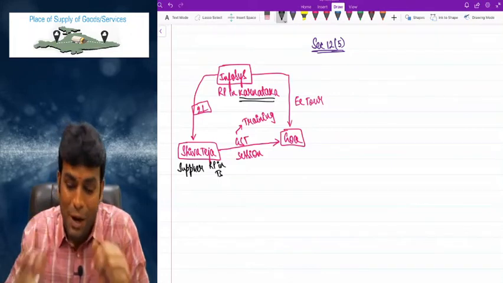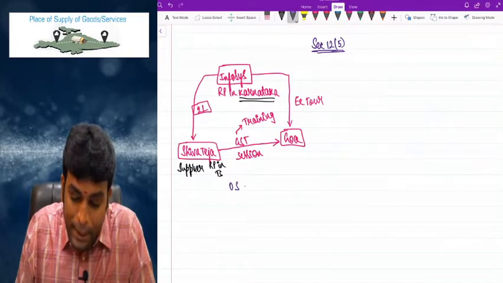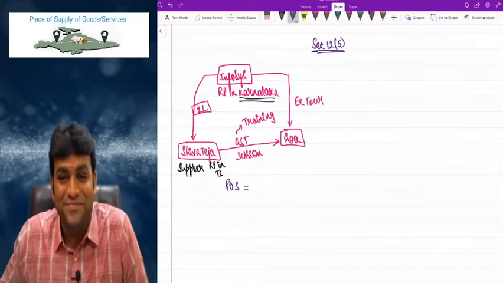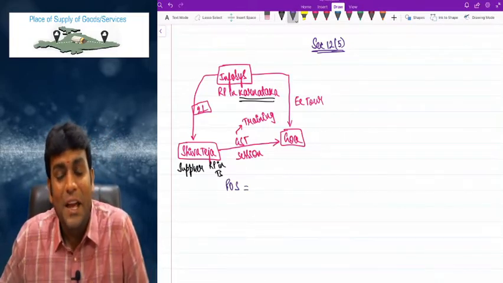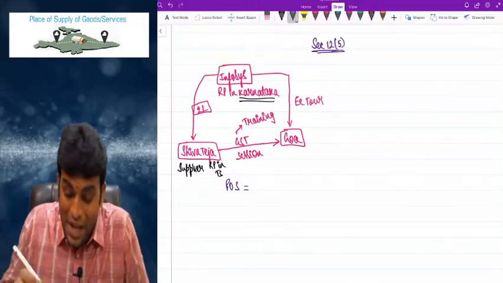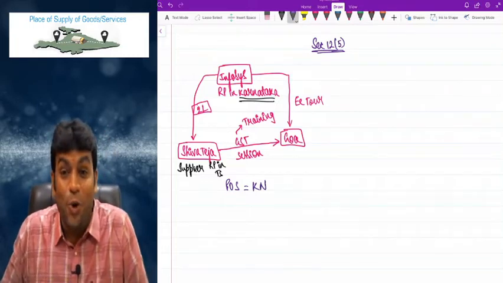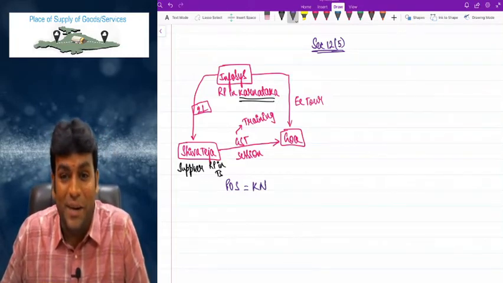Now the question is, in this particular scenario, what will become place of supply? That is the question. Straight away, my dear friends, without any second thought, let me tell you some interesting surprise for you. Place of supply will be Karnataka, not Goa. It is definitely Karnataka, my dear friends.